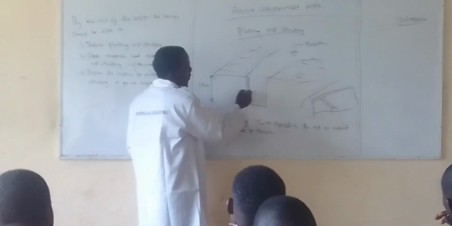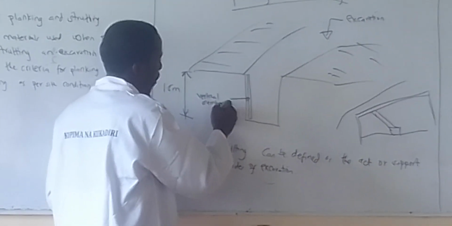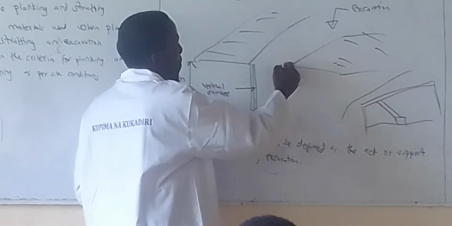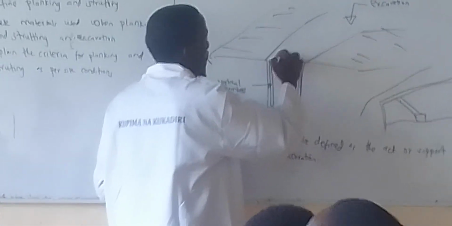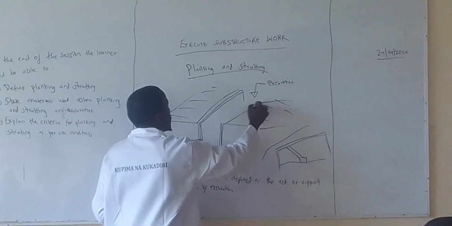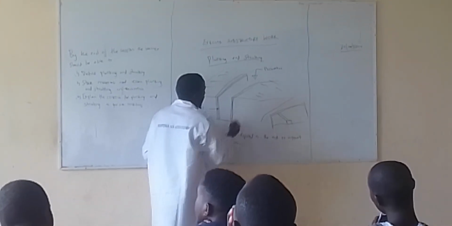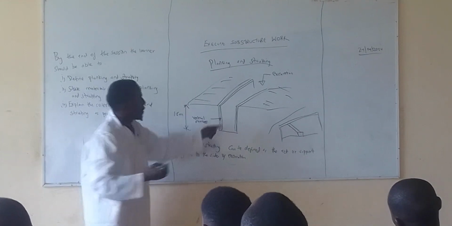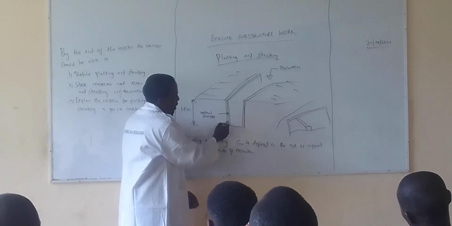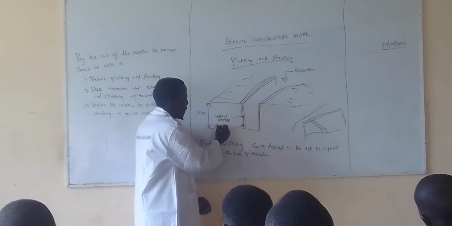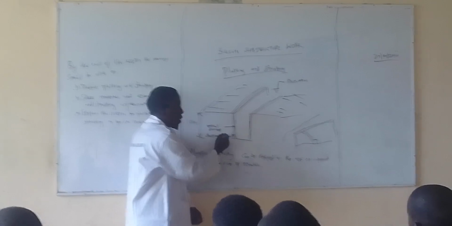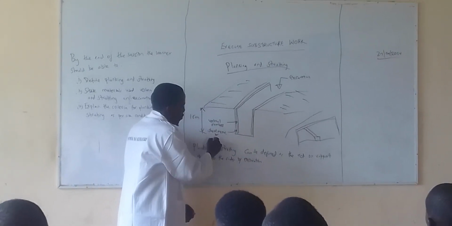You can have these vertical members running throughout the entire trench. And remember that sometimes it can be sheet metal, or sometimes they can also be wooden.